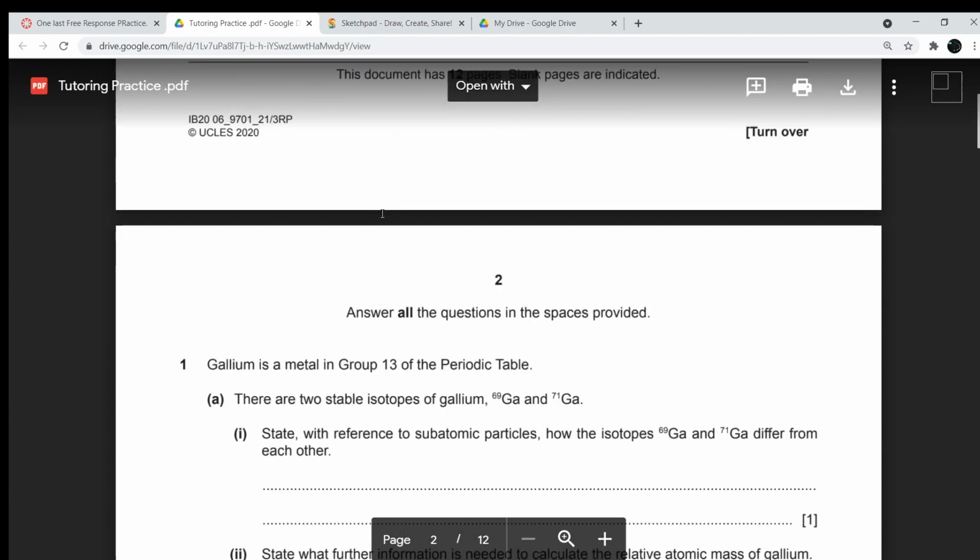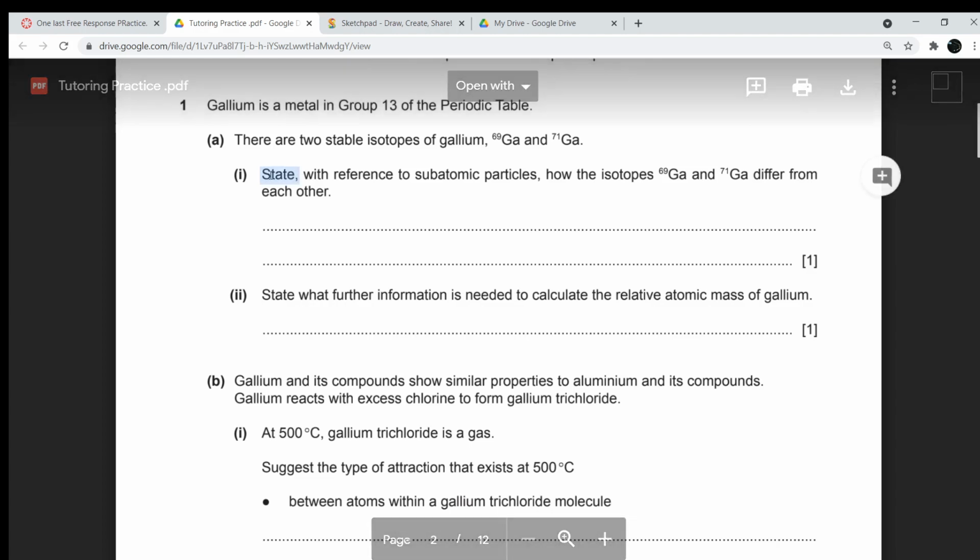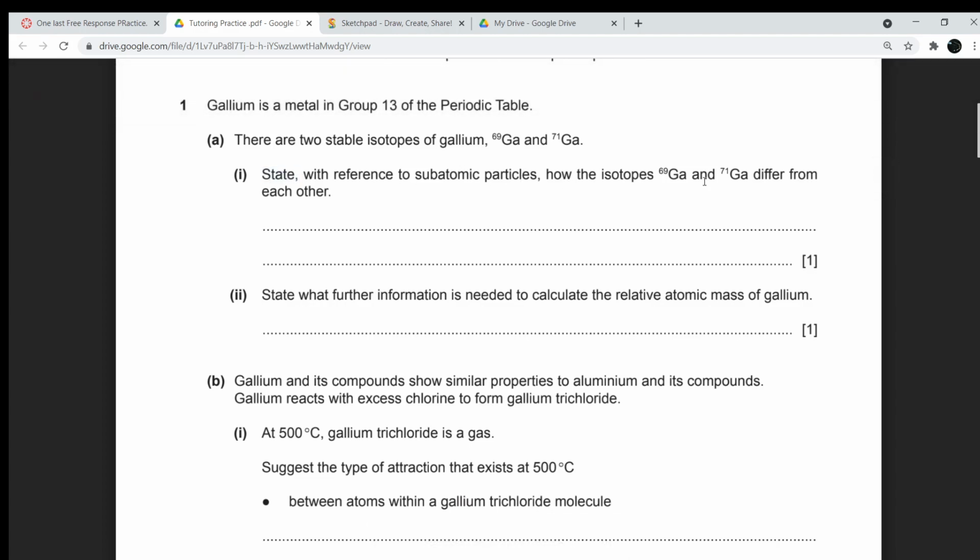Now, I'll go back up to 1, and I'll see which ones I can answer. 1A, state with reference to subatomic particles how the isotopes of these two are different. Man, is this ACE chemistry? I thought this question would be from last year. So how are isotopes different?